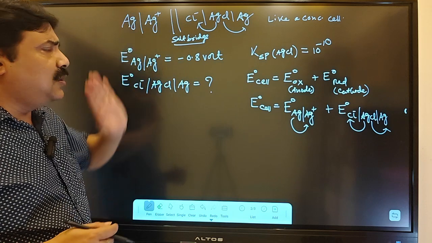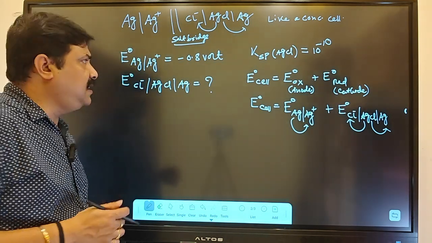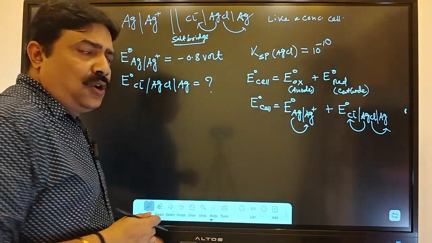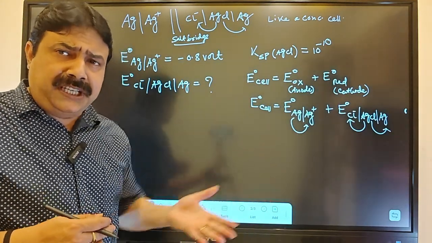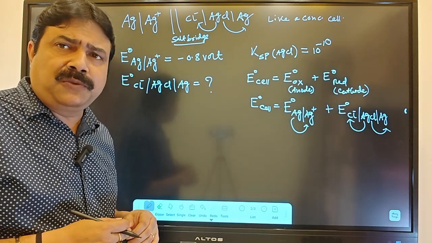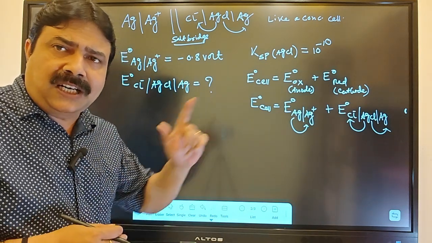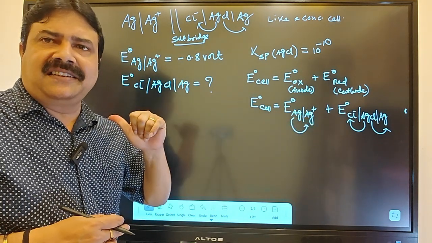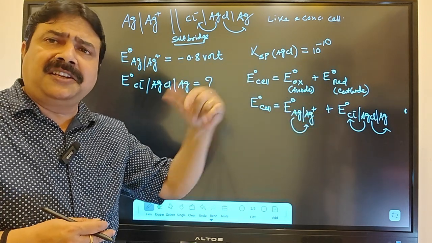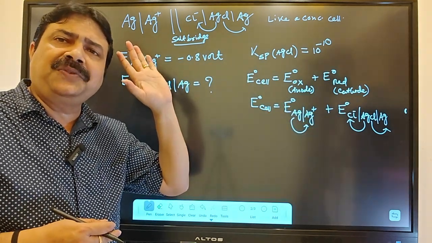Then I can write the next equation for this. You know very well, if the oxidation potential is negative, then the reduction potential for the same system will be positive. Forward direction negative means backward direction positive. So minus of the oxidation potential is nothing but a positive reduction potential.